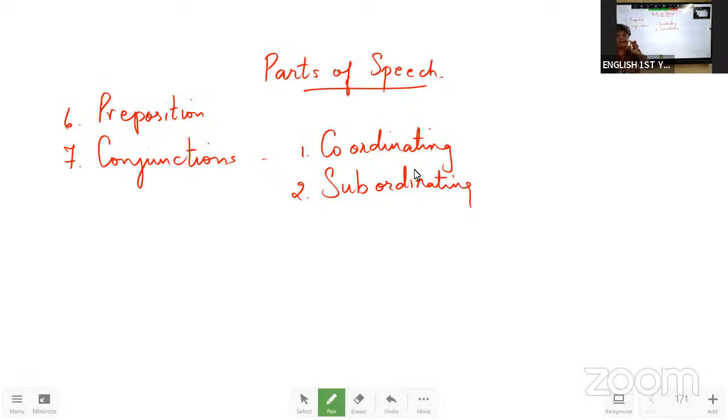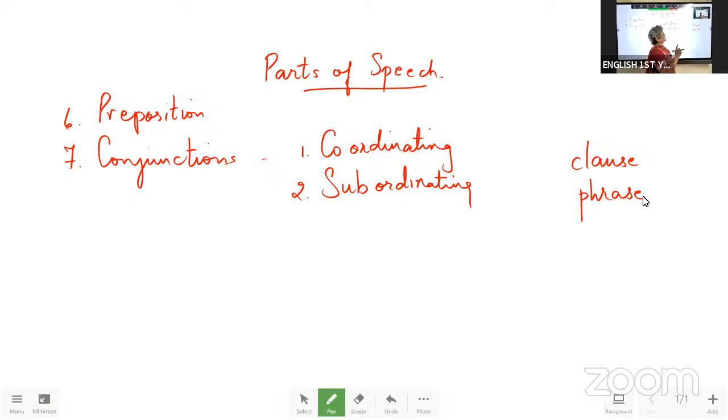It is not equal. I have already explained the difference between a clause and a phrase. What is a clause and what is a phrase? Both are groups of words, but a clause makes complete sense because it has a verb, while a phrase is also a group of words which makes sense but not the complete sense.